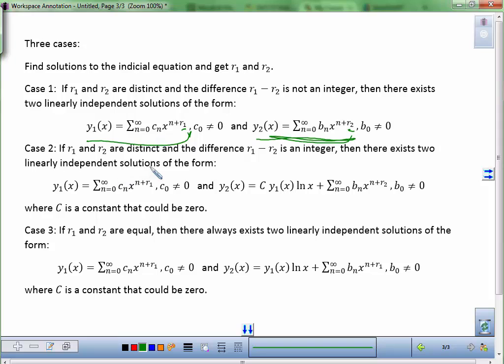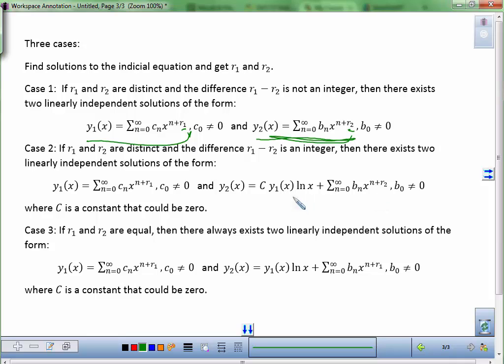All right, case two is, again, the distinct root case for finding your roots. But if they differ by an integer, then one power series might look just like the other power series, except they're off by a power of x. So if you're off by a power of x, it's just like multiplying something by x. But if it's an infinite series, then multiplying something by x might give you two linearly dependent solutions.